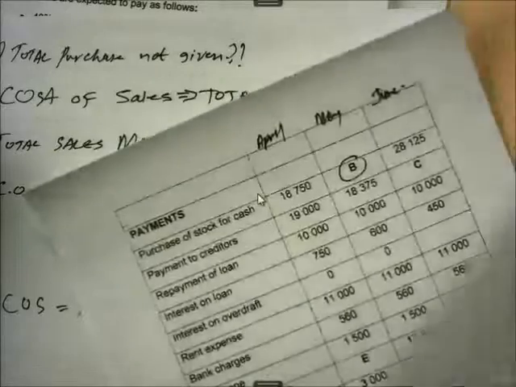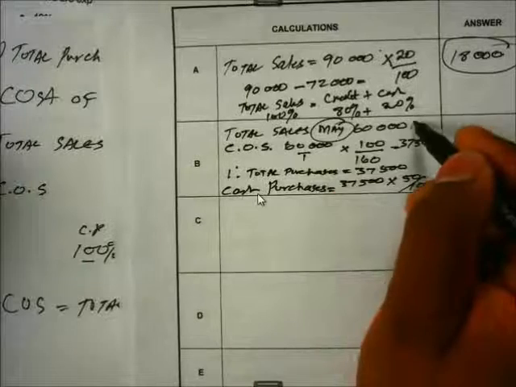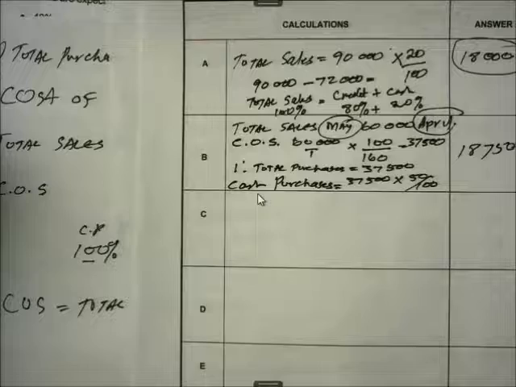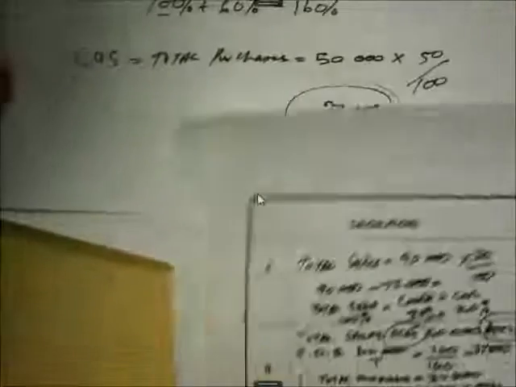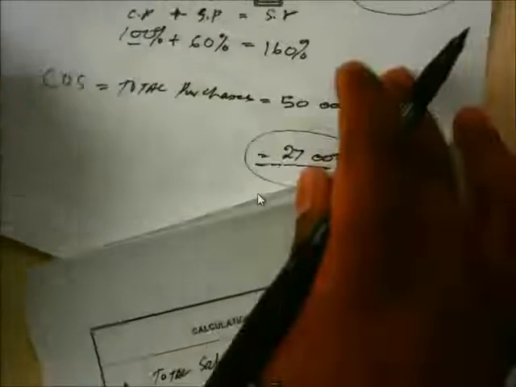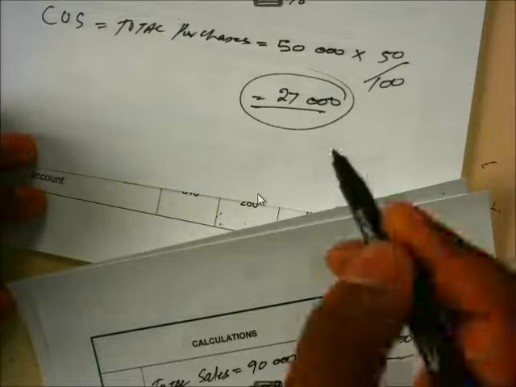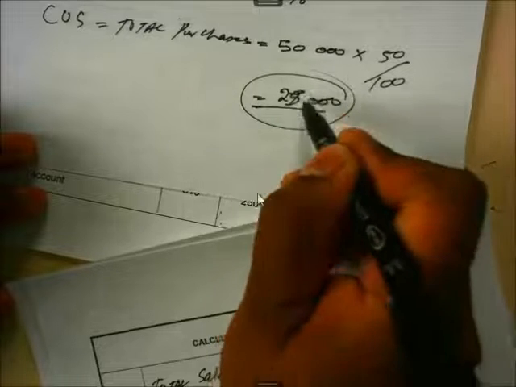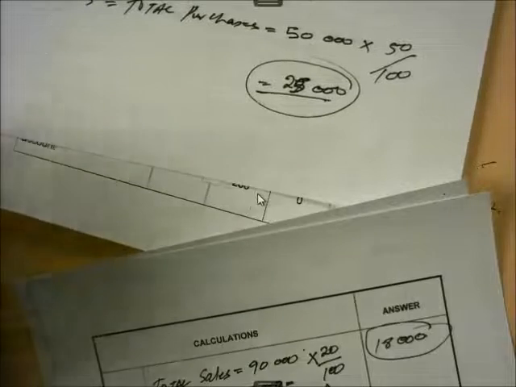What I've done in B here, I have actually taken the amount of April. Anyway, that will be how you are going to calculate the amount for cash purchases. Therefore, the correct amount for May would be 50% of that, which is 25,000. 50% of 50,000 will be 25,000.